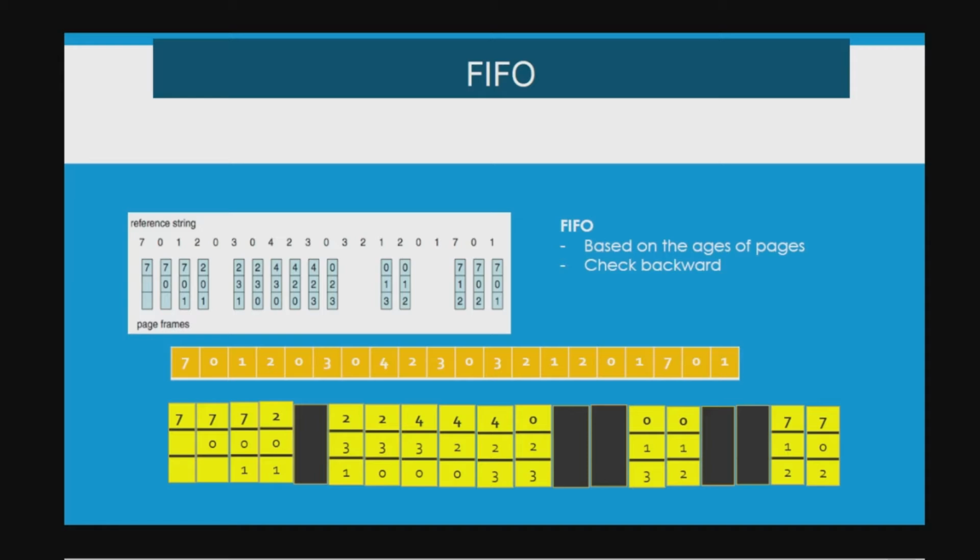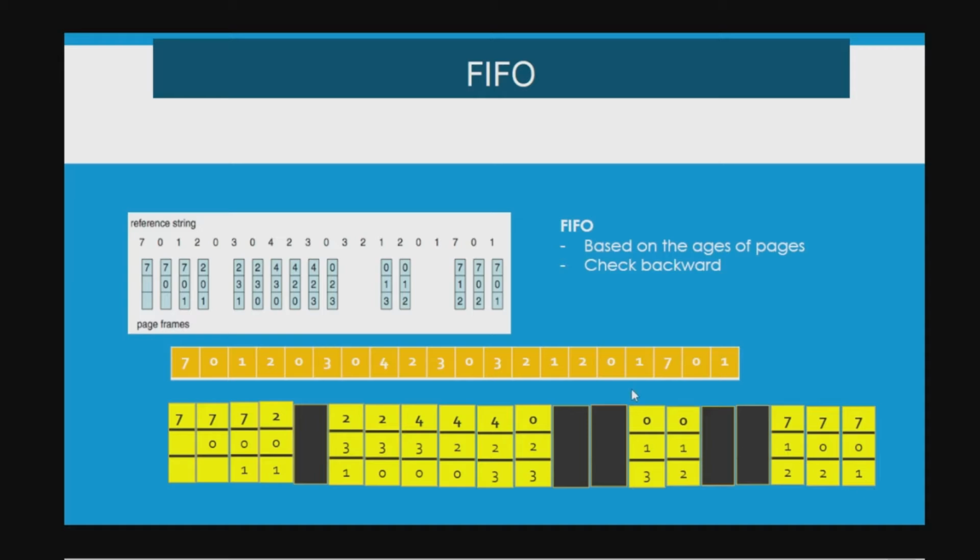So at number 1 here, we can replace number 2. Okay, 1, 2, 3. Okay, number 2. So you will get 7, 0, 1.